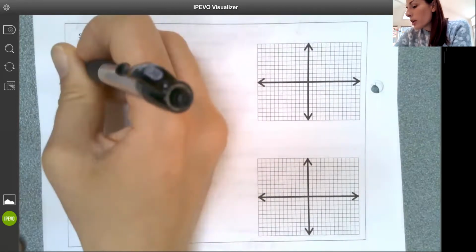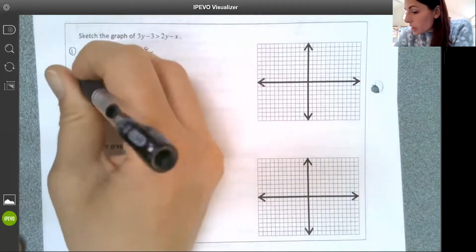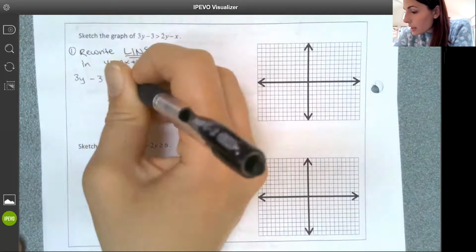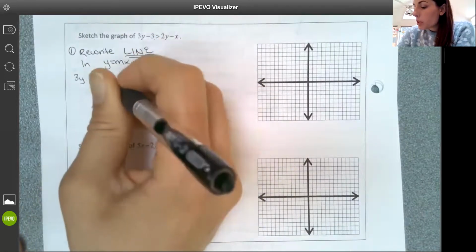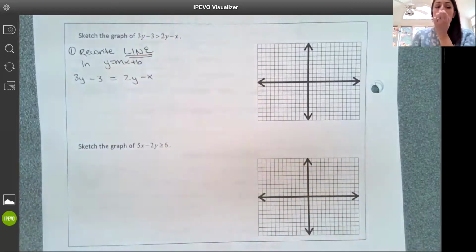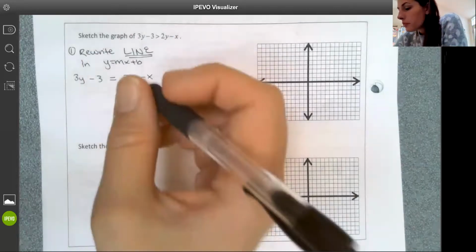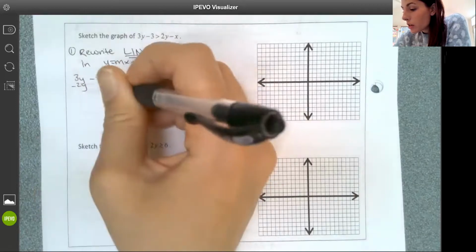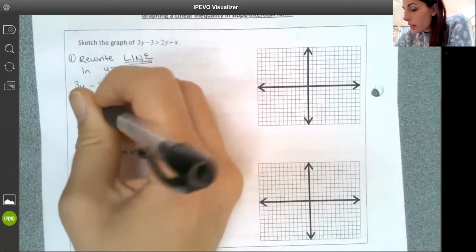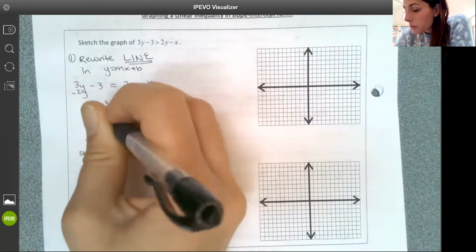Notice I'm not putting inequality, and y equals mx plus b. So I'm going to take my inequality exactly how it is, but instead of writing greater than in the middle, I'm going to write equal to, because I just want to look at what does that boundary line look like, okay? And so I'm going to subtract 2y, and that would give me y minus 3 equals negative x. And I'm going to add 3.